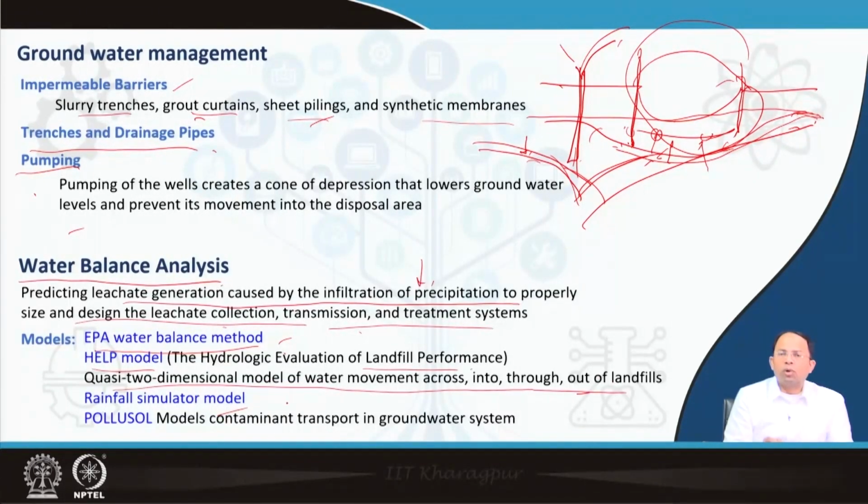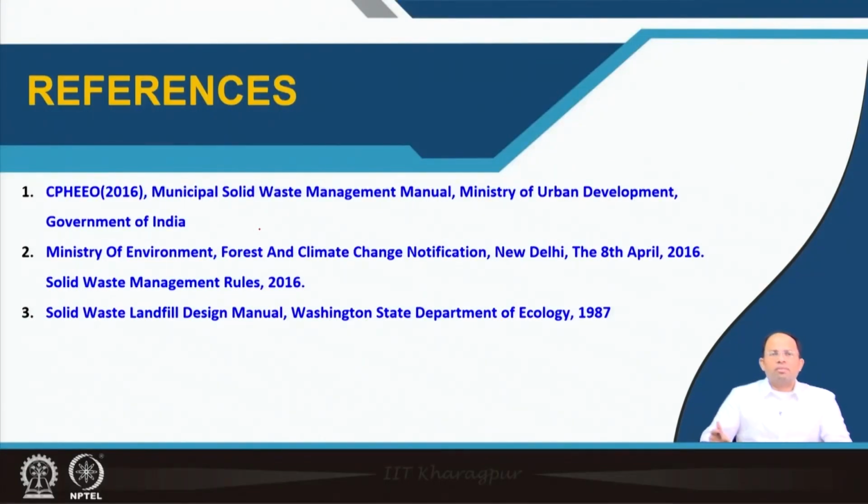There is also a rainfall simulator model for that particular area, and POLLUSOL models which can model contaminant transport within the groundwater system. So different people have used these components to design what sort of leachate movement happens inside a landfill, as well as how much contaminants can move into the groundwater. So all this could be modeled and determined, and accordingly the leachate collection system can be designed. These are some of the references you can study.